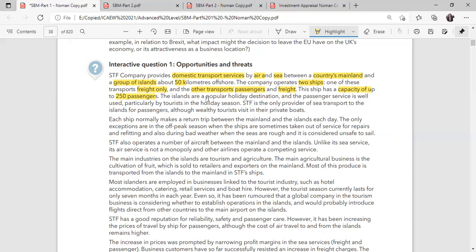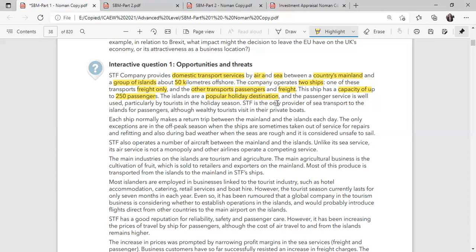The islands are a popular holiday destination. Yes, this is a very, very important keyword, popular holiday destination. So out of holiday days, it could be possible you might not go with 250 passengers, but when there is a holiday destination like their vacation, it could be possible there could be a lot of customers.